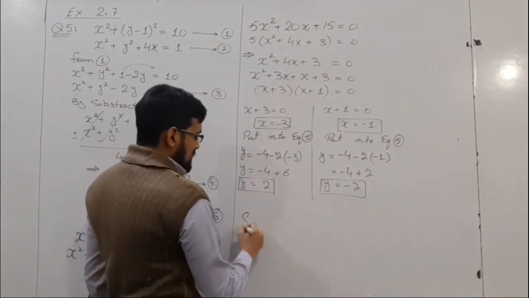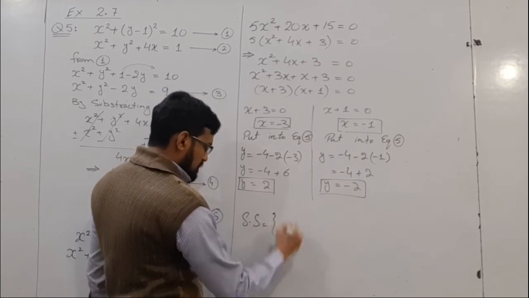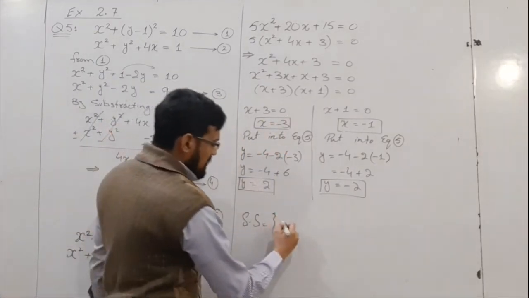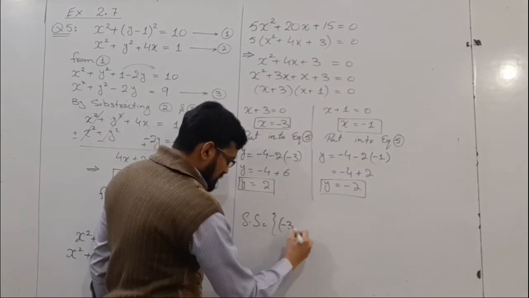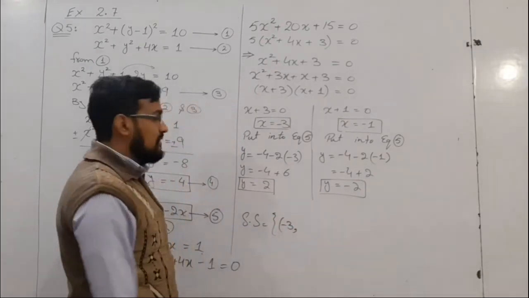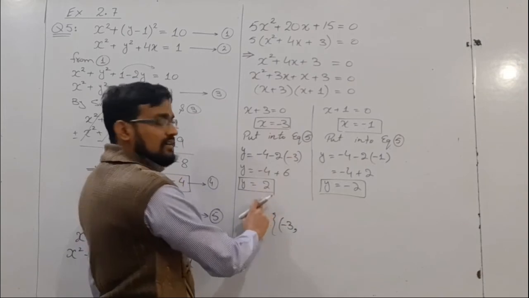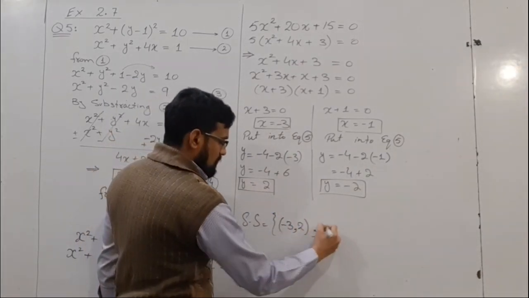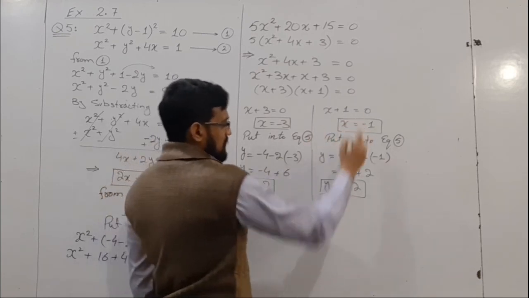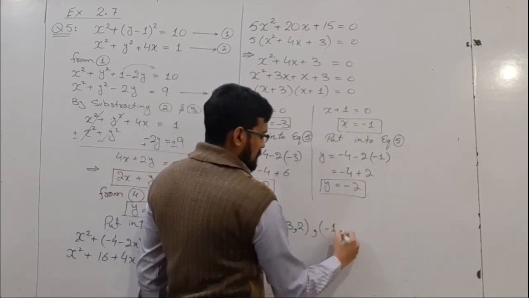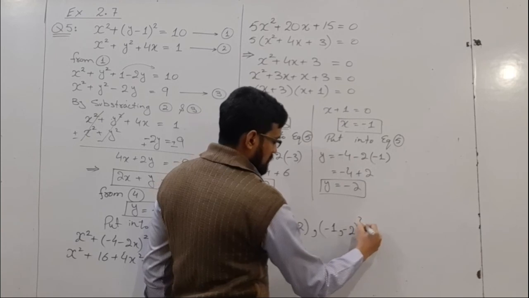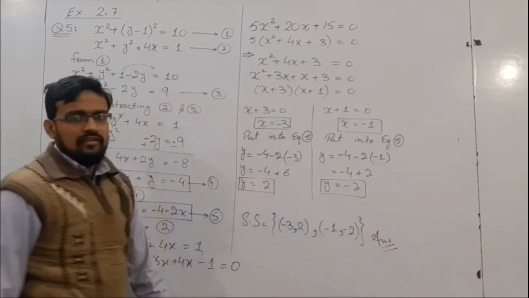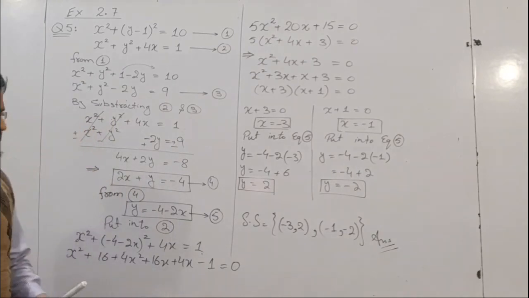So the solution set will be x is equal to minus 3, students, the first value should be x, then the corresponding y is 2, and the next pair will be minus 1 and minus 2. This is the solution set.